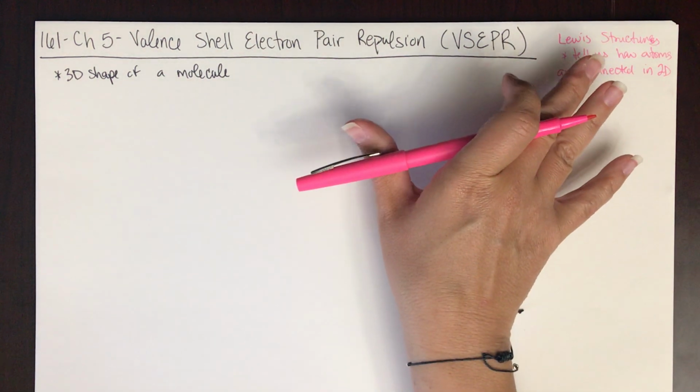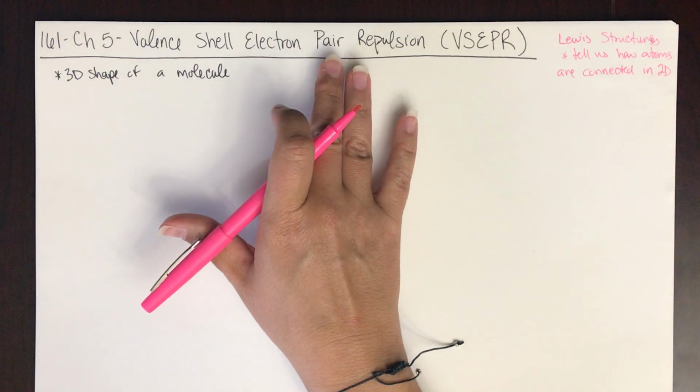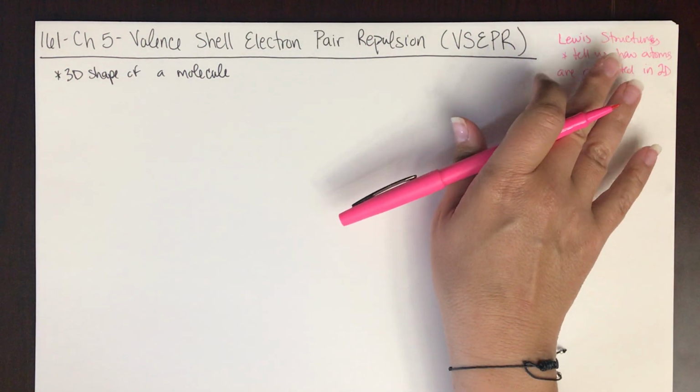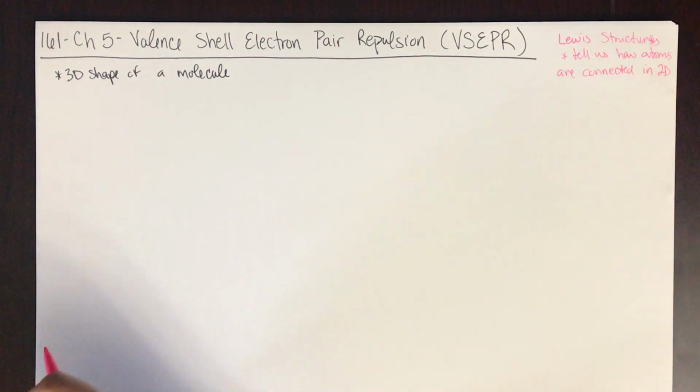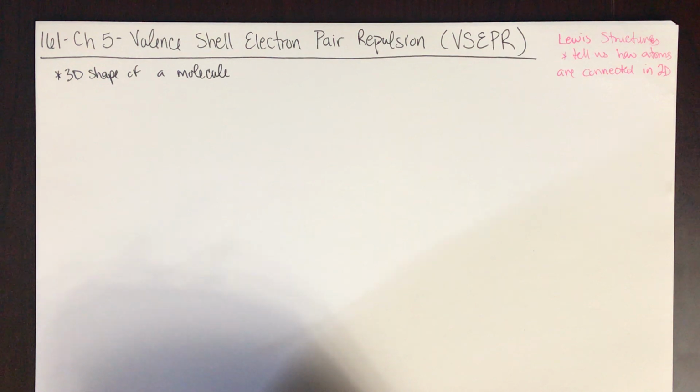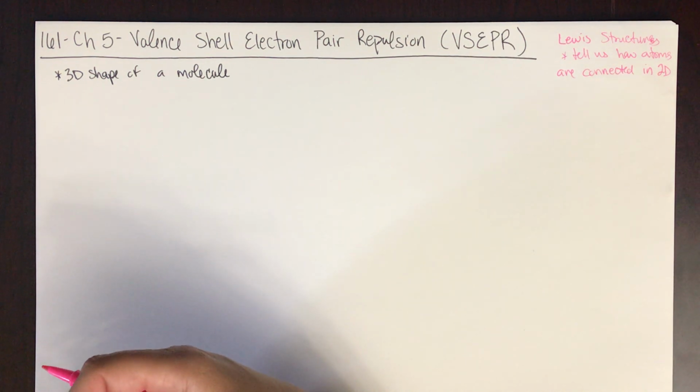So Lewis structures are important in determining the 3-dimensional shape. This is the first step in determining the 3-dimensional shape, is having the correct Lewis structure. So it's like we're taking this Lewis structure one step further.